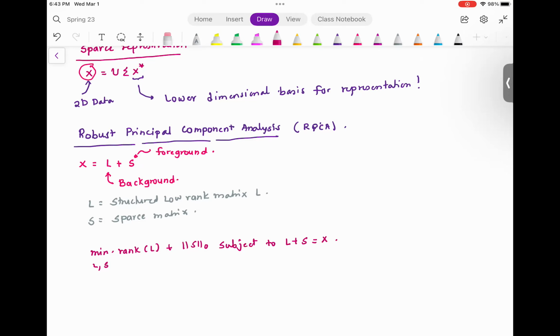Now, this is a mathematical way of representing how to solve the decomposition problem. I want you to understand there's a math part to linear algebra and there is an application part to linear algebra. So, from the linear algebra point of view, I have this matrix X, and the problem with this matrix X is the data is scattered everywhere.